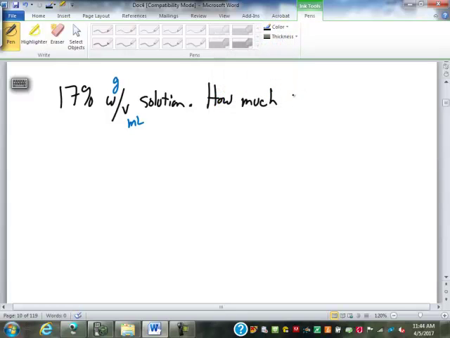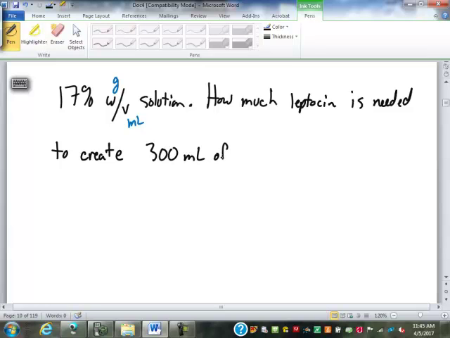So how much, let's put in leptisin, is needed to create, let's just do, 300 milliliters of solution.